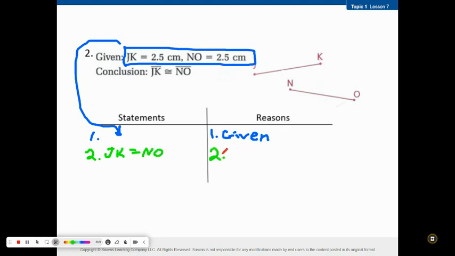What's my reasoning? This would be an algebra property because it's equality. It's kind of a biggie too.